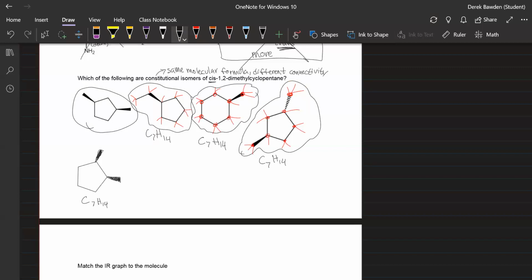The reason I made them all constitutional isomers is I wanted you to see that they can look very different from each other and still be constitutional isomers. If I had this molecule and we had something like this, how are these related? Are they constitutional isomers?